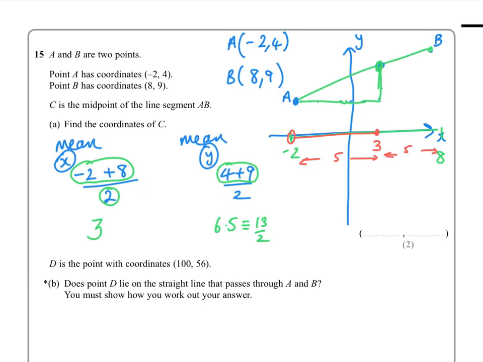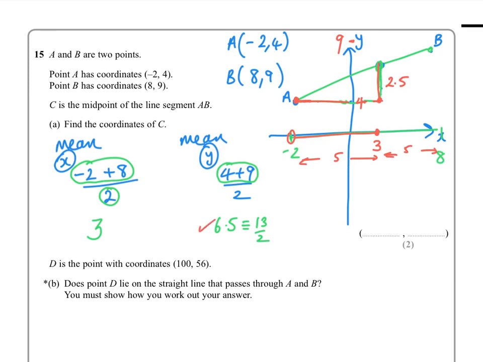And then once you're at 3 here, well, how far have you got to go up? Well, if you're starting from a y ordinate of 4 and you're going as high as 9, then the distance between 4 and 9 is 5, which is 2.5 units up here. But you started from 4, and 4 and 2.5 is 6.5.